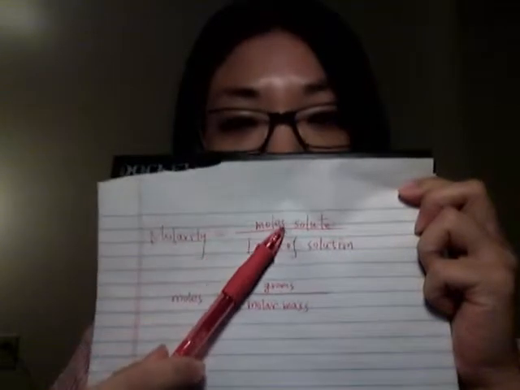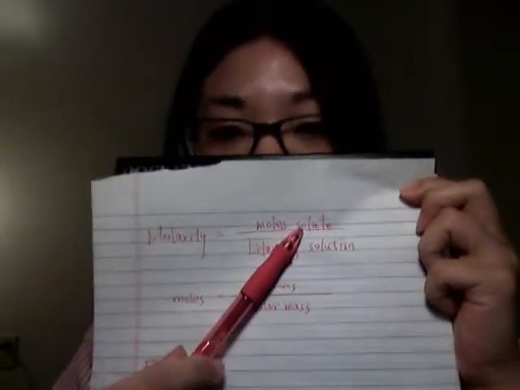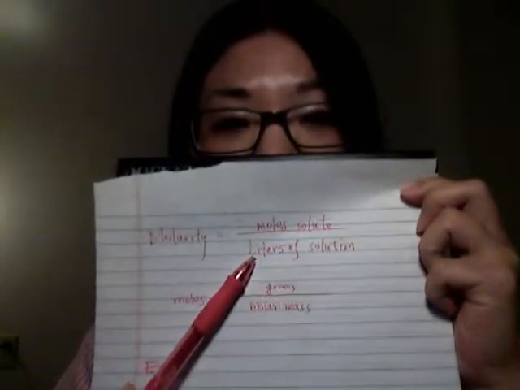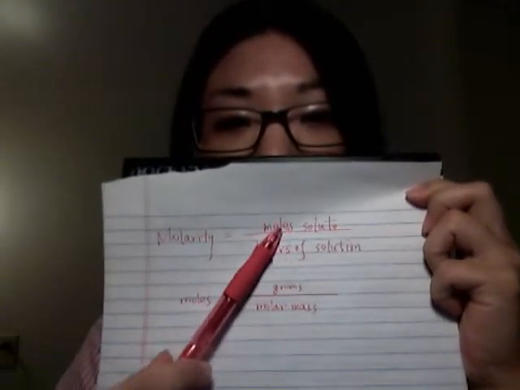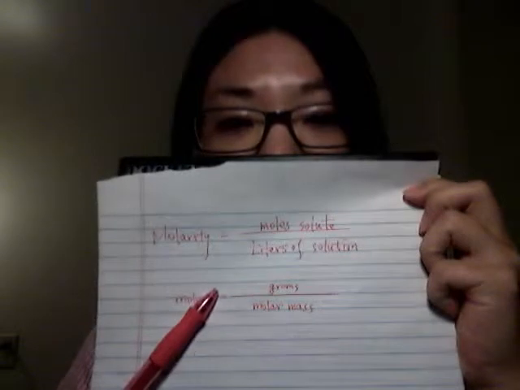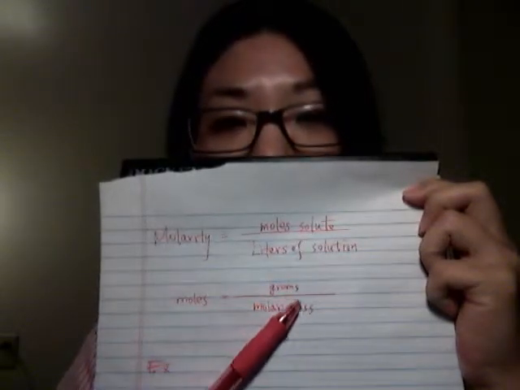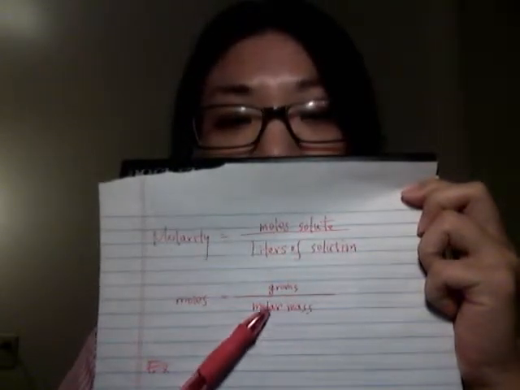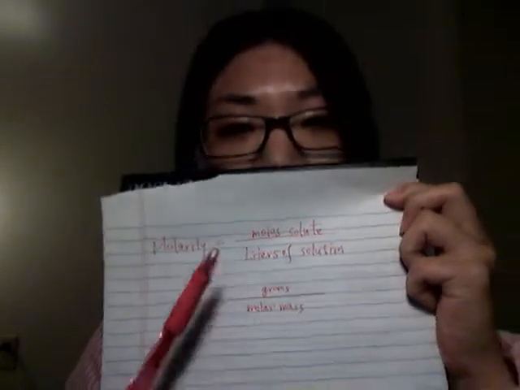Molarity is equal to the moles of solute over the liters of solution, and the moles of solute is equal to the grams of the solute over the molar mass of the solute.